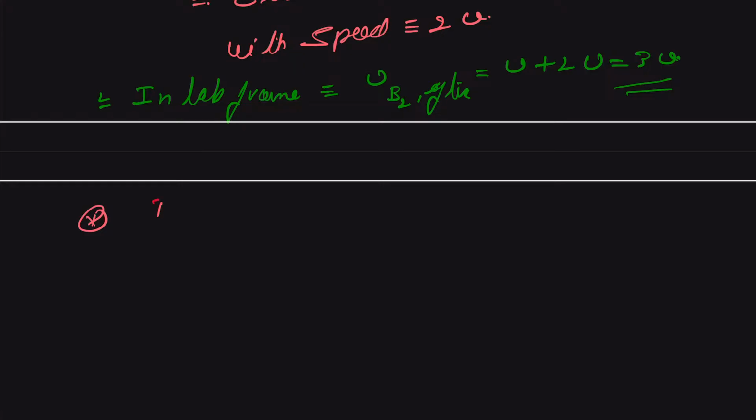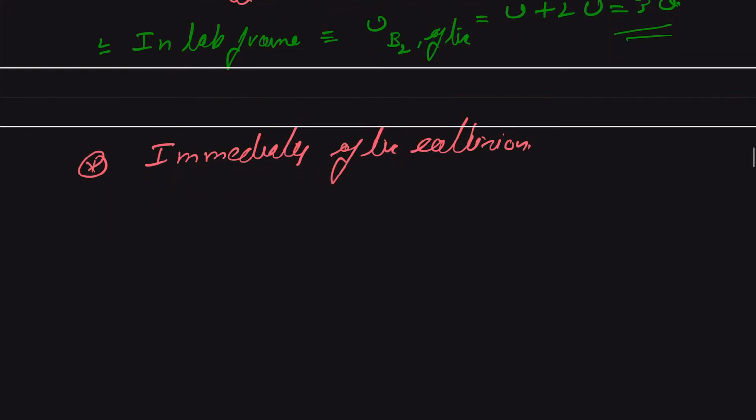Immediately after collision, our tennis ball is B2. So B2 is at height d, and its speed is upward. So we have upward speed, and that is 3v.